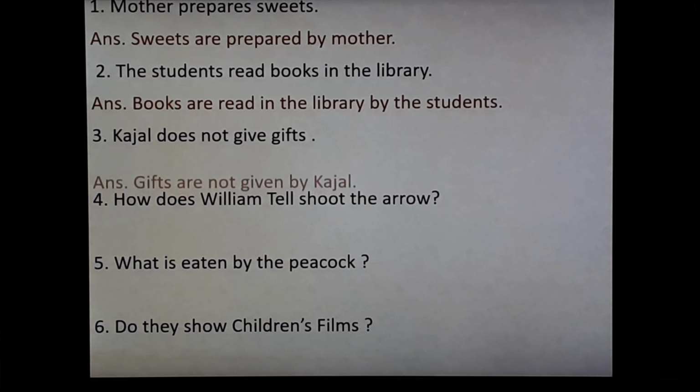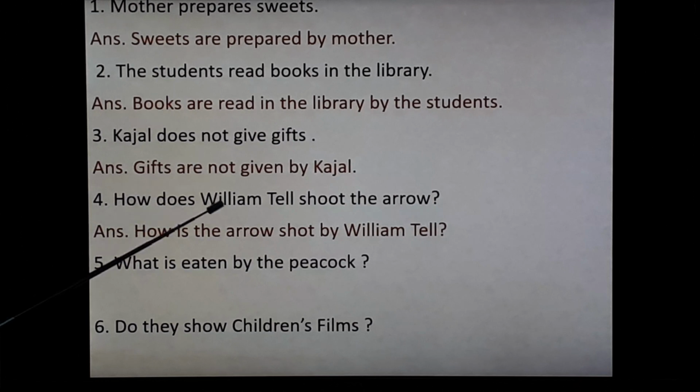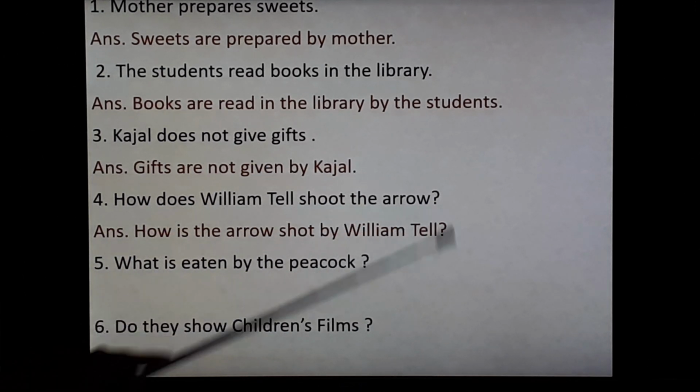Next, Kajal does not give gifts. Answer, gifts are not given by Kajal. Next, how does William Tell shoot the arrow? Answer, how is the arrow shot by William Tell?